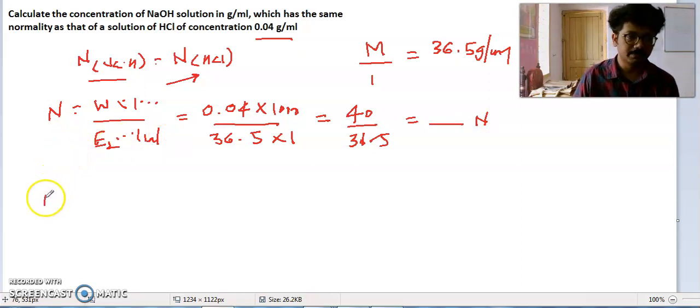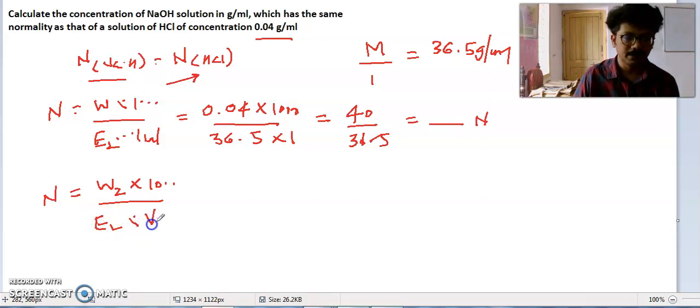And that is also the normality of the NaOH solution. So for NaOH, normality is equal to W2 multiplied by 1000 upon E2 multiplied by V in ml. Here we have to find the concentration in gram per ml, so we will find only the W, because the V in ml will be 1.